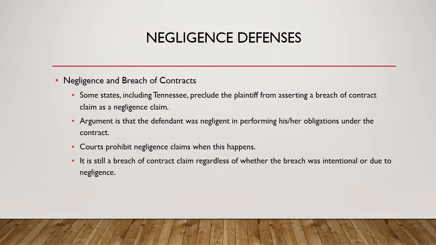And if you're simply trying to say that you breached the contract in performance because you performed poorly, negligently, then the court is not going to allow you to recast your breach of contract claim as a negligence claim. And so it's still seen to be a breach of contract claim, whether the breach occurred because of some intentional act or due to some negligence in performing it.